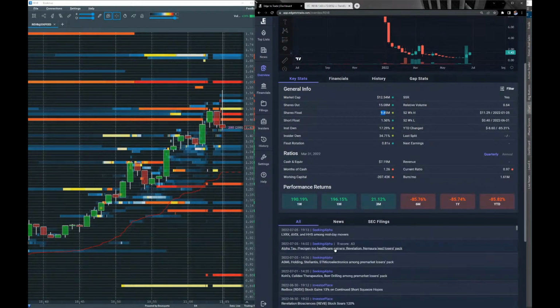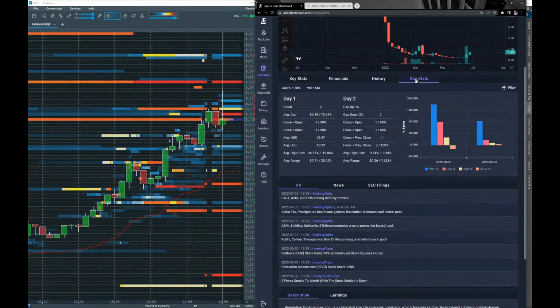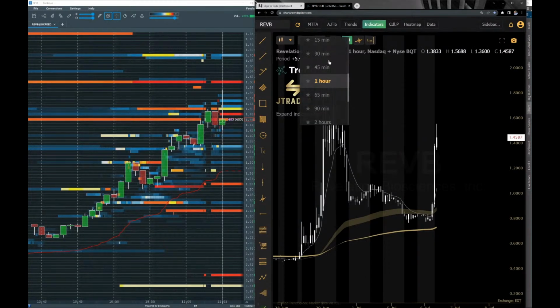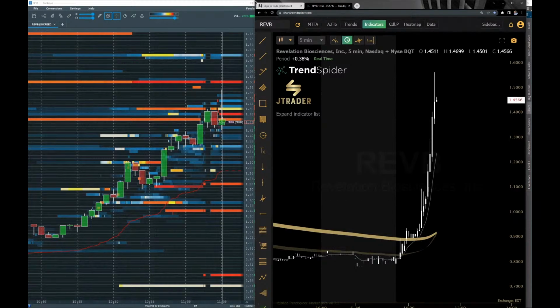No news for today, so this seems more like a bounce play. The company has no revenues, negative net income. So let's just look at the price section over here. I will put the fibs on another computer because over here it really doesn't work.